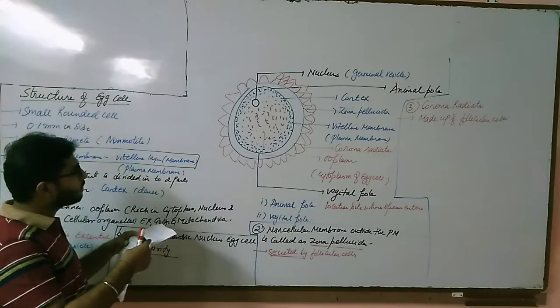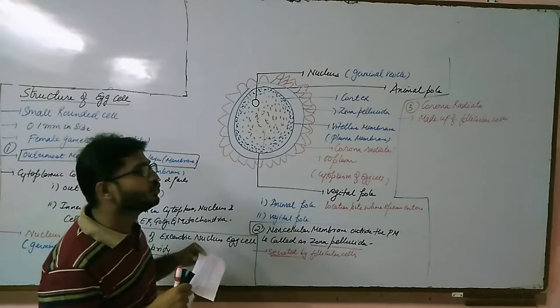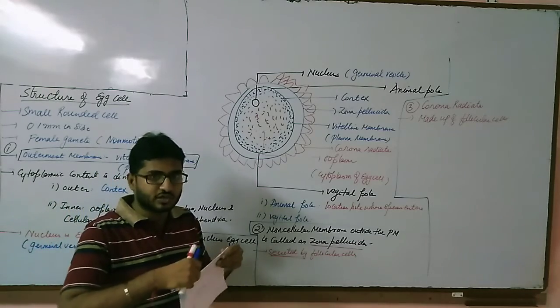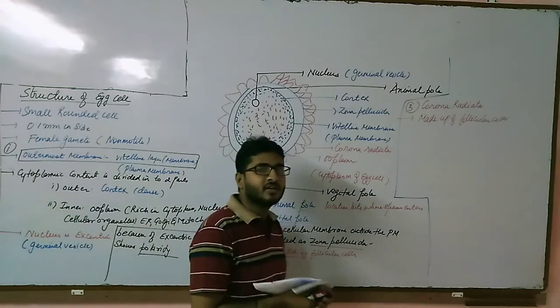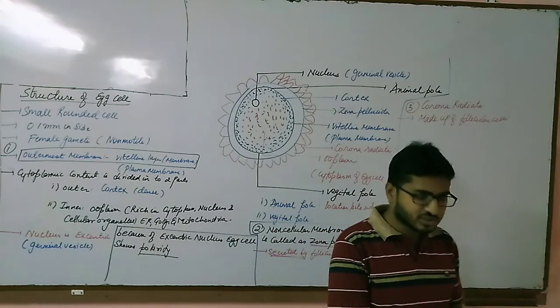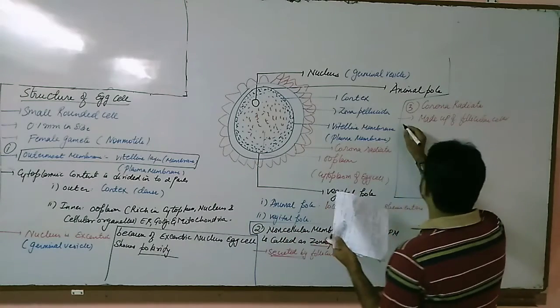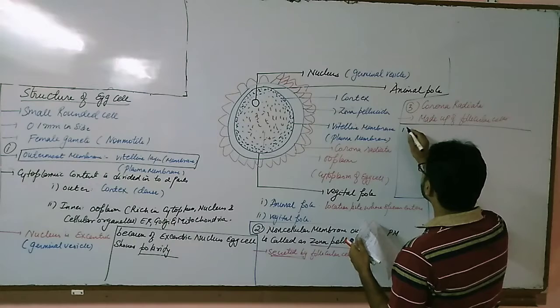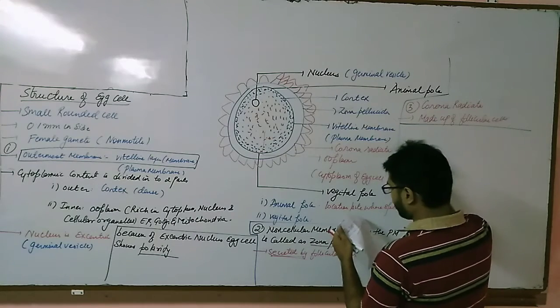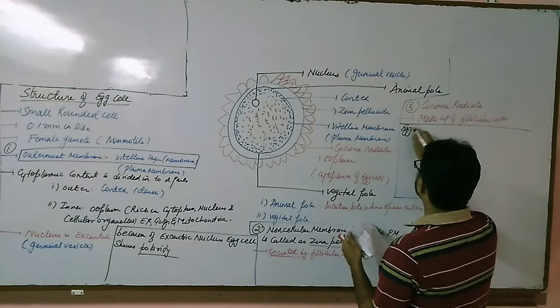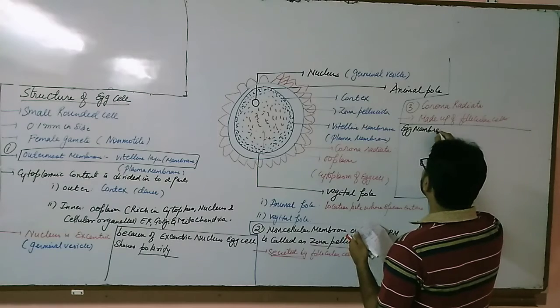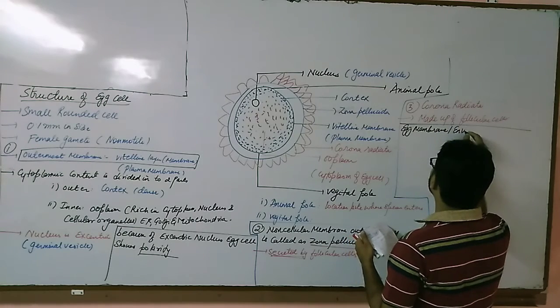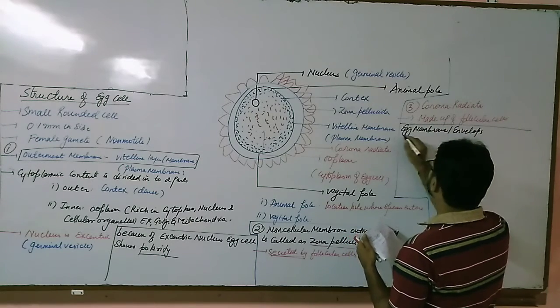Now based on this, we can divide the egg envelopes or egg membranes into three. That is the primary membrane, secondary membrane, as well as tertiary membrane. And this is again very important. So the topic is egg membranes or egg envelopes.